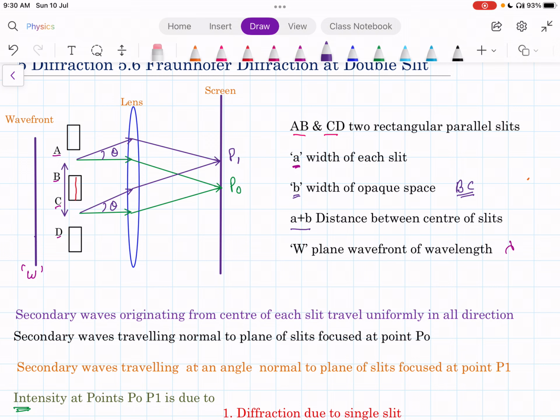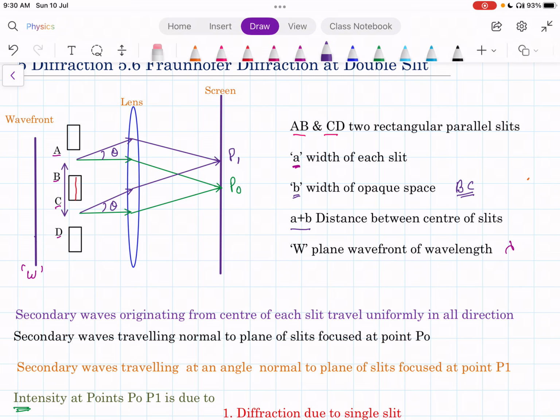But we also studied Fraunhofer diffraction from the single slit. So at point P0, there may be several secondary waves which are emitted from a single slit, AB or CD. They are reaching at points P0 and P1. And there would be an interference between these secondary waves which are emitted from the same wavefront.